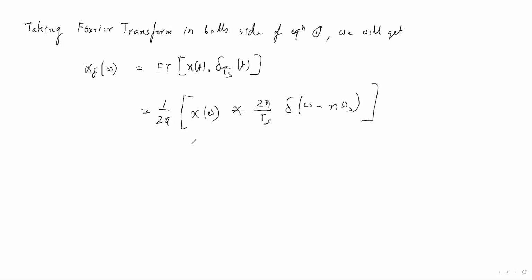So the 2 pi cancels, and the 1 by Ts will come outside. This will be X(omega) convolved with the summation, n equal to minus infinity to infinity, of delta(omega minus n omega s).